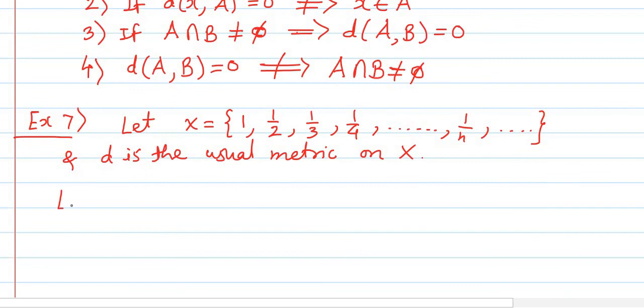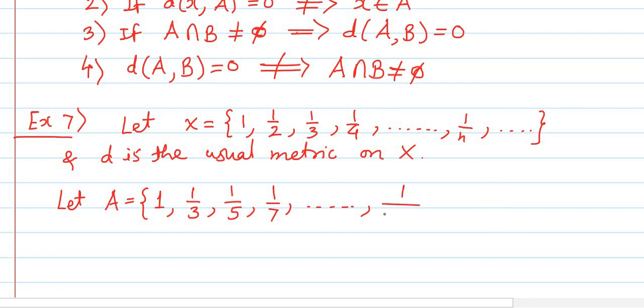Again, let capital A be the set which consists of the reciprocals of odd positive integers. Means capital A is equal to 1, 1 by 3, 1 by 5, 1 by 7, and so on. Nth member in this set will be obviously 1 upon 2n minus 1.